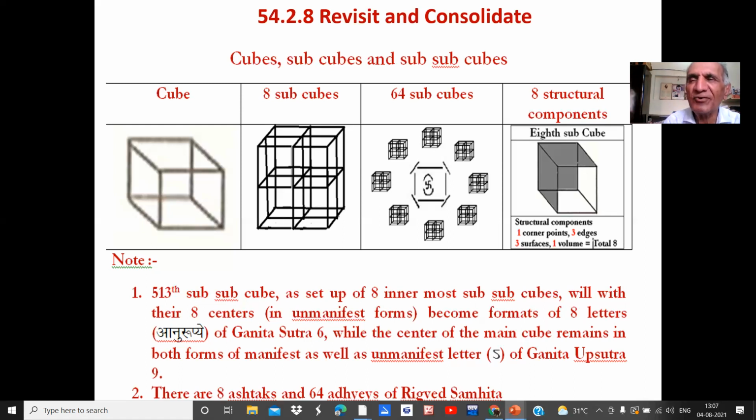However, this center again is not marking its presence in the organization of split the cube into subcubes and subcubes. So this letter in Subsutra 9 is having its depiction in the form which can be said that it be taken, it is there, but still it also may be taken as it is not there.